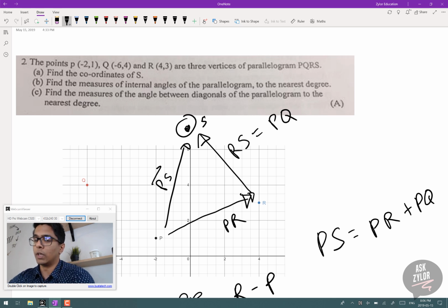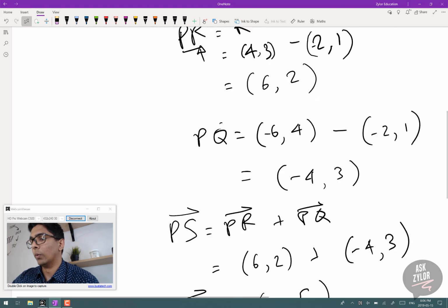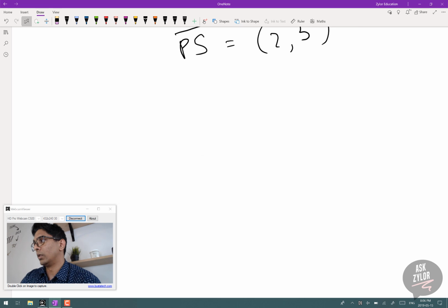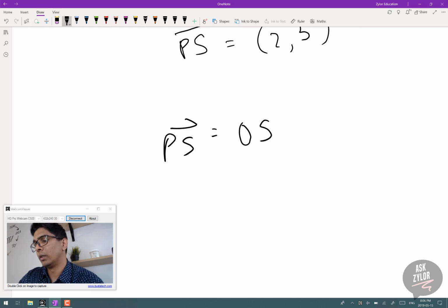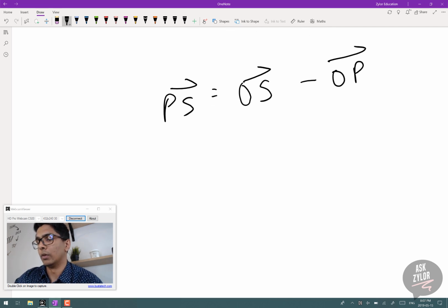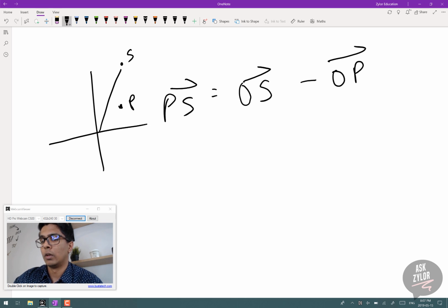But we're not done yet, because we only found the vector, but we're asked for the coordinate. So what we could do is PS is equal to the origin to S minus the origin to P. If this is my graph again, this is my P, this is my S. I can do the origin to S minus the origin to P, and that will give me my PS.